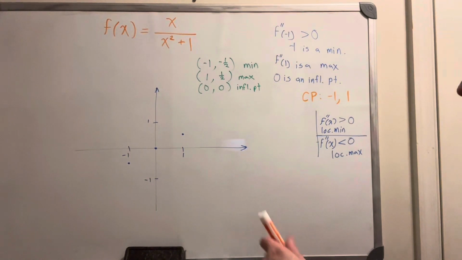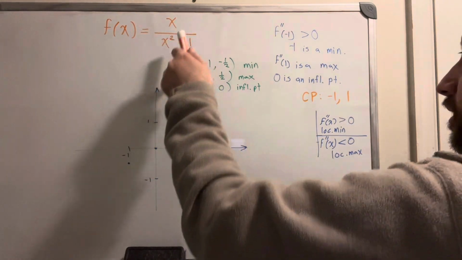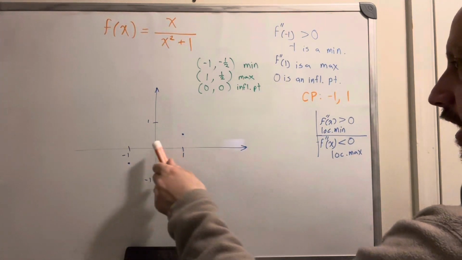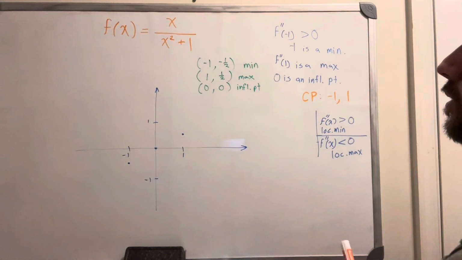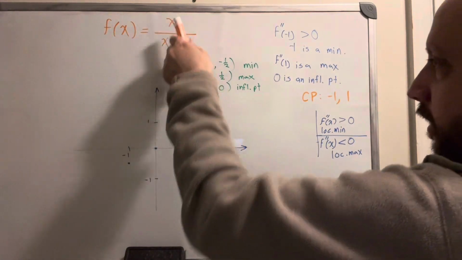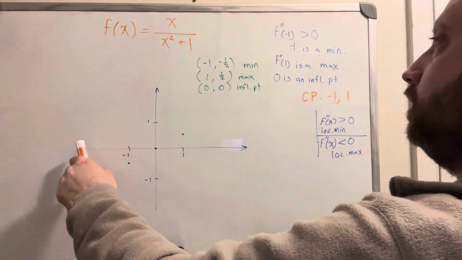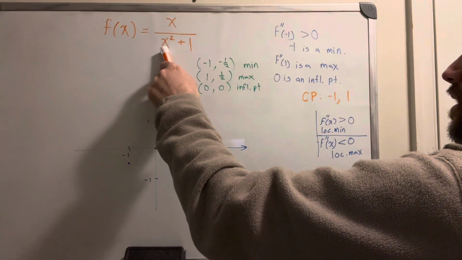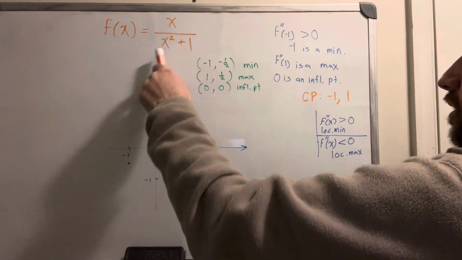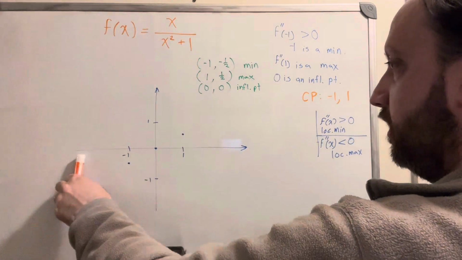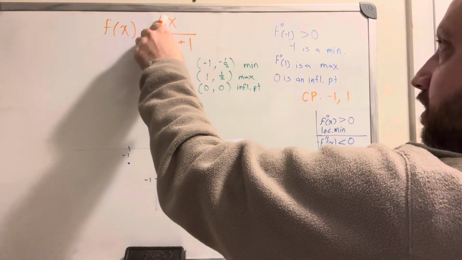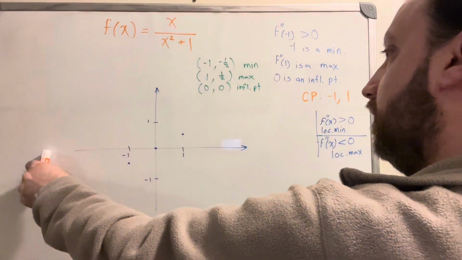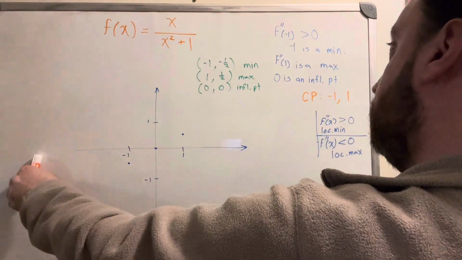Now, does the function cross the x-axis? Does it have a 0 anywhere else besides this one point? Is there any value over here? No, but you can say that the function gets closer and closer to 0 from this side, because this value may be negative 100, say.